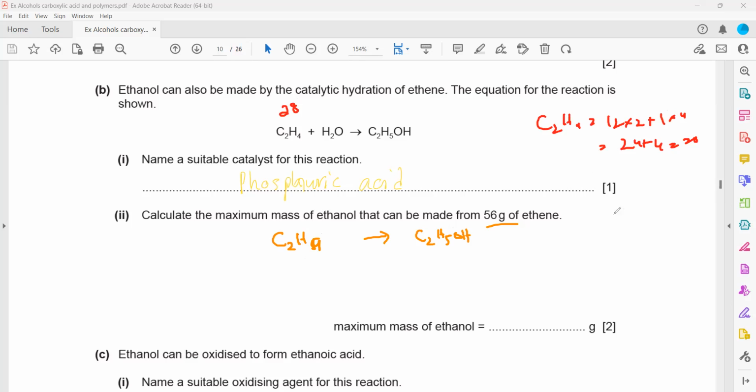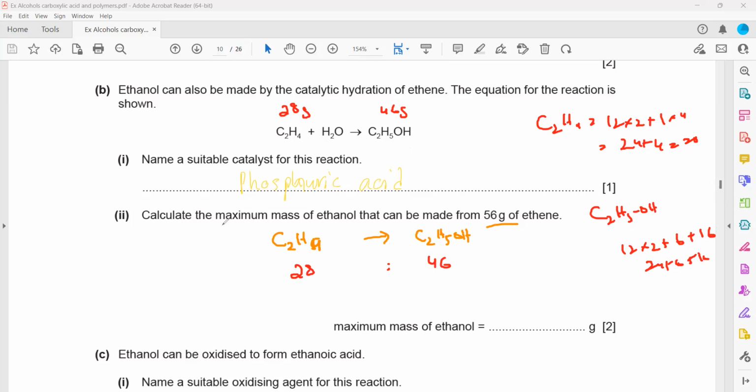And the mass of one mole of ethanol: 12 multiplied by 2 is 24, plus 6, plus 16, so it is 46. So if we have 28 grams of ethene, it gives 46 grams of ethanol, since it is one molecule each. The ratio of the mass is 28 to 46.